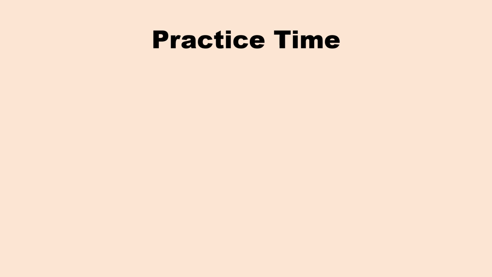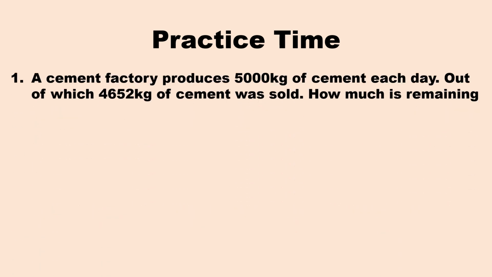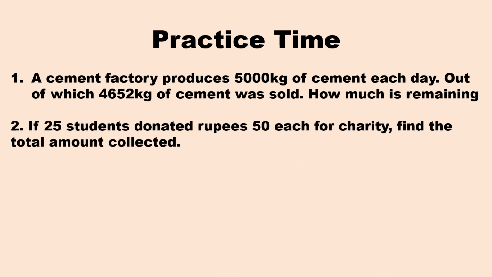Now it's your turn. Pause the video and try these word problems on your own. A cement factory produces 5,000 kg of cement each day, out of which 4,652 kg of cement was sold. How much is remaining? Second question. If 25 students donated rupees 50 each for charity, find the total amount collected.